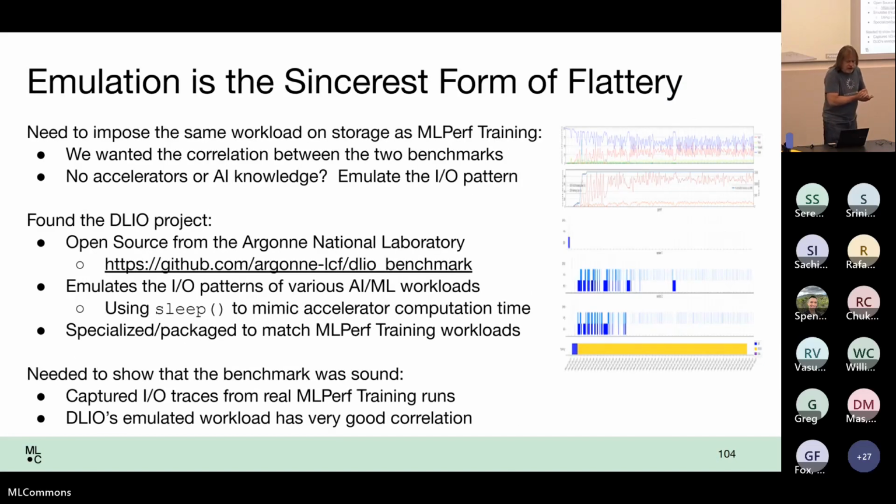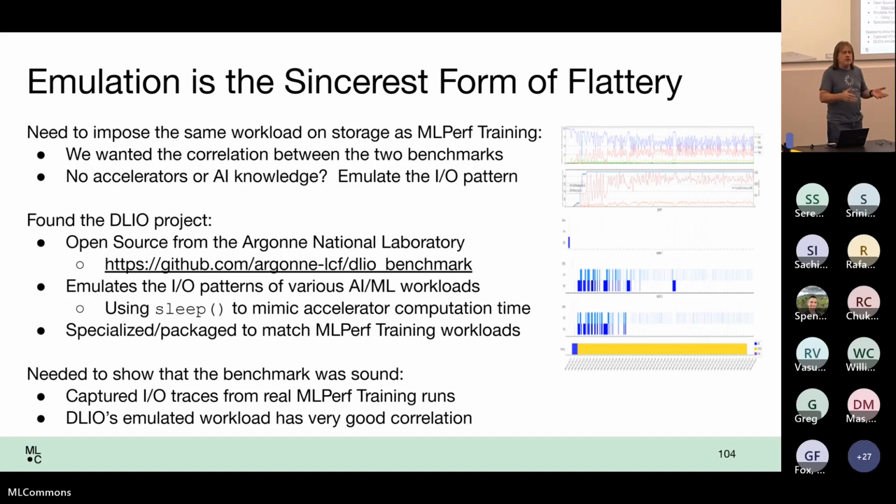So, emulation. We looked at a lot of different approaches and ended up with emulating the workload that MLPerf training applies to storage. So, to take a specific example, PyTorch versus TensorFlow. PyTorch, in an image classification type of benchmark, is going to store 1 JPEG per file in a million files in a relatively deep directory tree. TensorFlow, on the other hand, is going to have a couple of thousand files with 1,000 images per file.